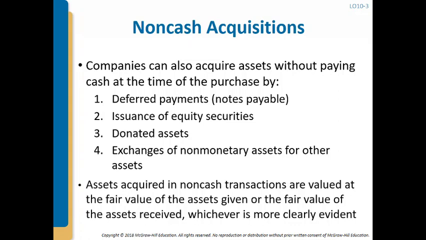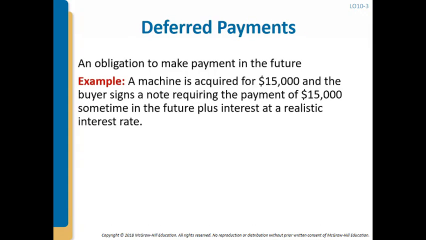So, assets acquired in a non-cash transaction are valued at the fair value of the assets given or the fair value of the assets received, whichever is more clearly evident. And so, deferred payments are pretty easy, where you go out and you obtain assets in exchange for a promissory note or note payable, if you will.